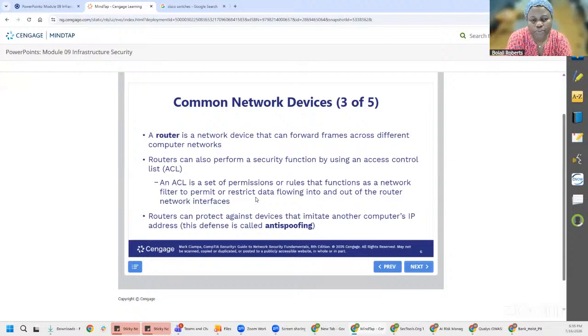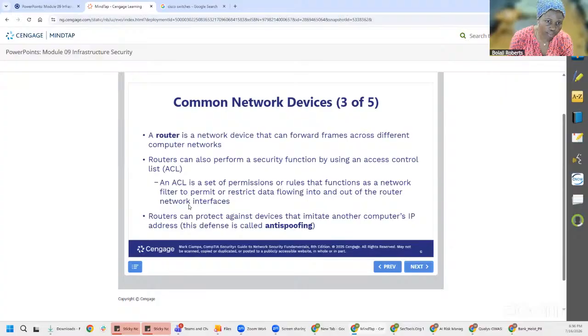Okay. So routers can also perform a certain level of security functions, and that's where the access control lists come in. These access control lists are sets of permissions or rules that permit or deny data from flowing in and out of the router's network interface.